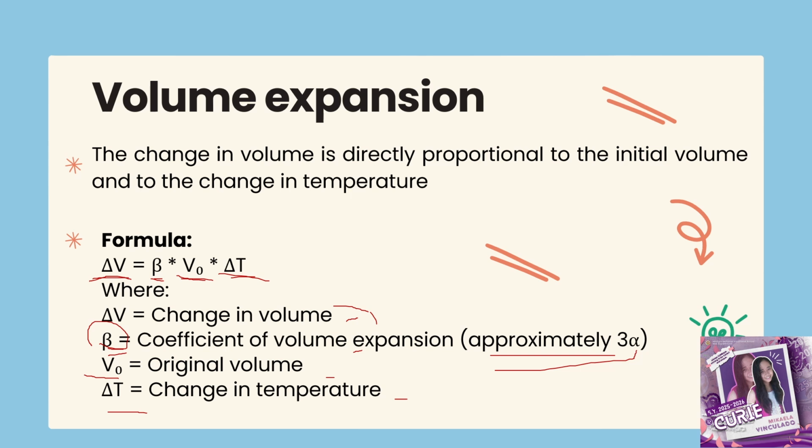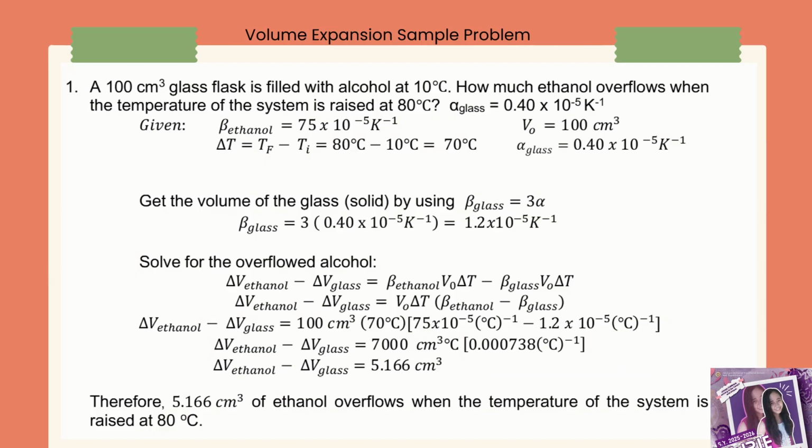To understand this, here is a sample problem. Suppose a 100 cubic centimeter glass flask is filled with alcohol at 10 degrees Celsius. How much ethanol overflows when the temperature of the system is raised to 80 degrees Celsius?